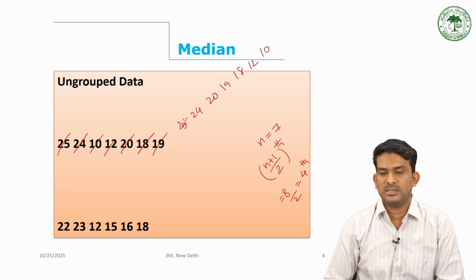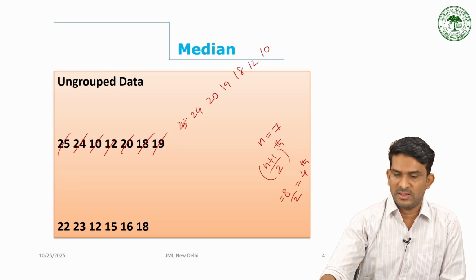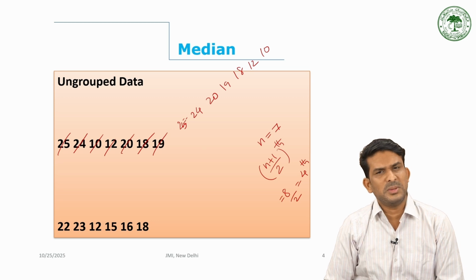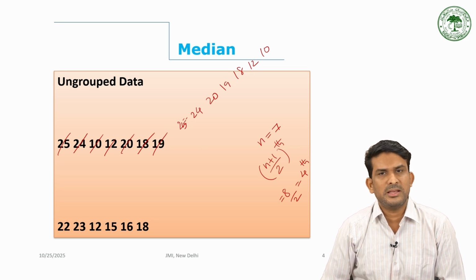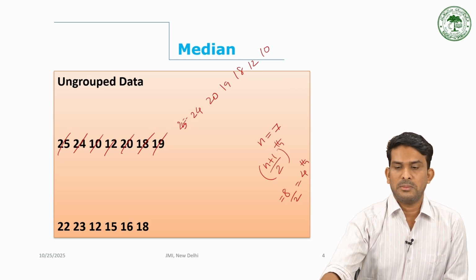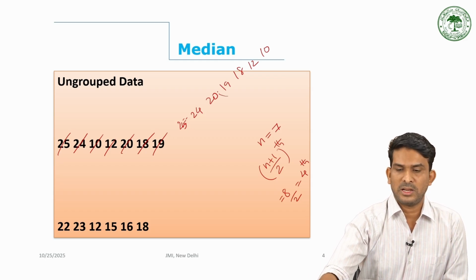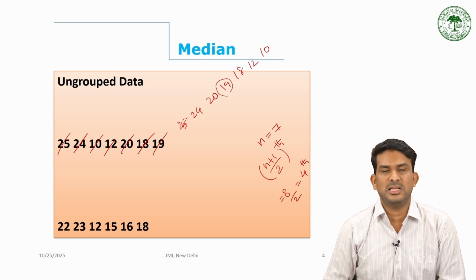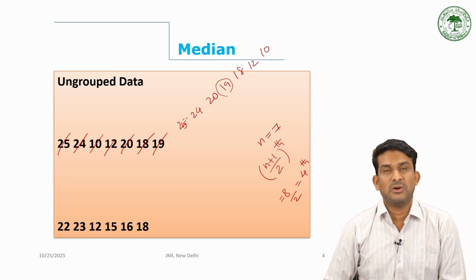7 values, right? What is the n? 7. 7 plus 1, 8 by 2, 4. That is the middlemost value. This n plus 1 by 2 is the middlemost when it is odd in number. So what is the value? You got the same value? 4, 19 is the value, right? Both ways it will be the same, either ascending or descending. Got it?